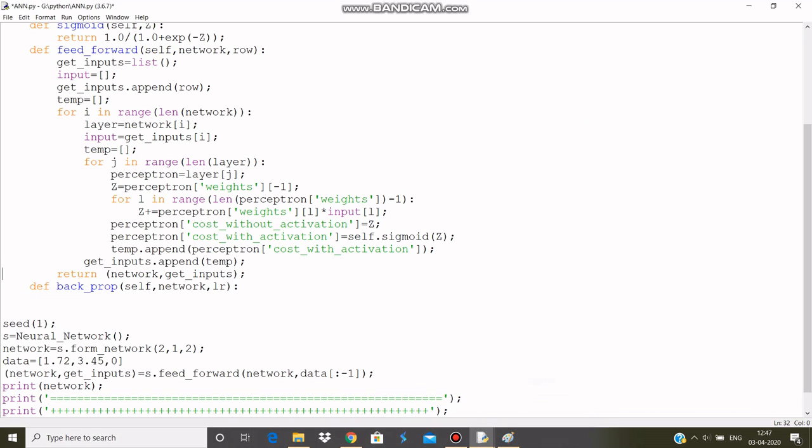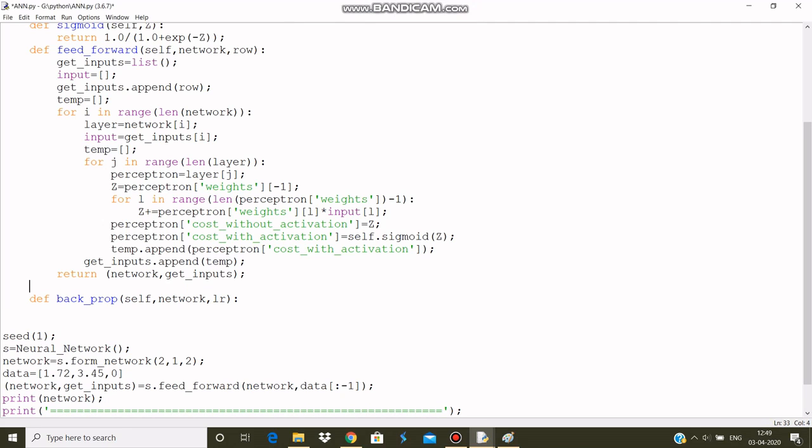Let's go back to our editor and we can code for our backprop. But before going for the backprop, let's first define the transfer derivative. I was talking about the transfer derivative before this, so we define it and then I'll explain to you what the transfer derivative is.